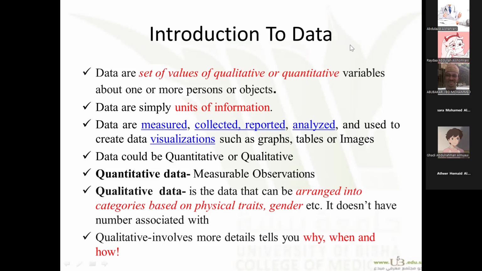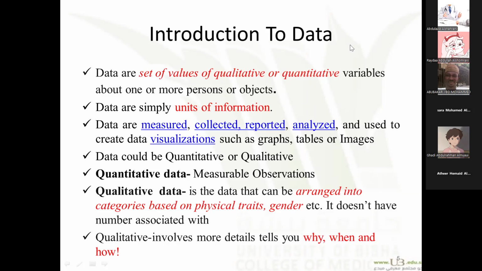Data are simply units of information, usually measured, collected, reported, or analyzed. The whole idea is to create visualization in terms of graphs, tables, analysis, and information.